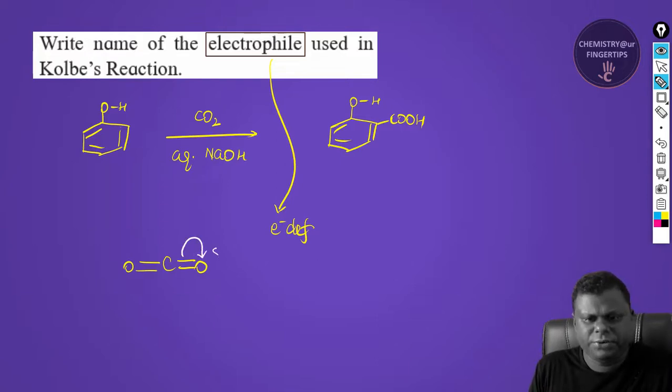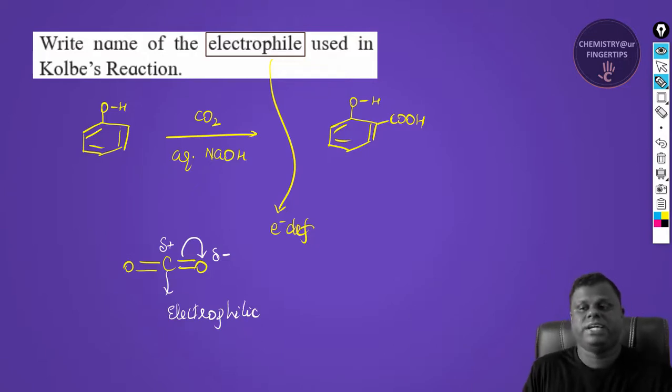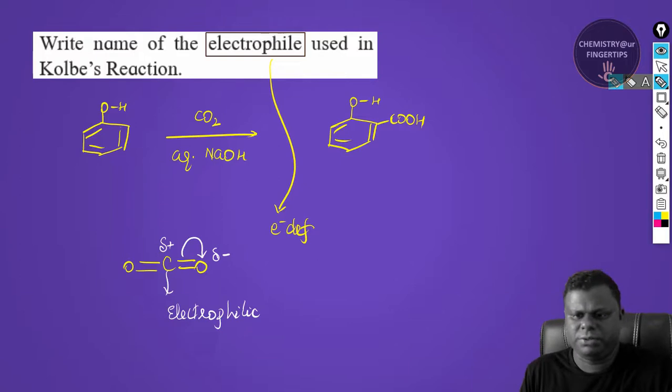So oxygen pulls the electron pair, carbon gets delta positive and oxygen gets delta negative. So this carbon is electron deficient and it is nothing but the electrophilic carbon. It's an obvious thing. This carbon dioxide is the electrophile in this particular reaction.